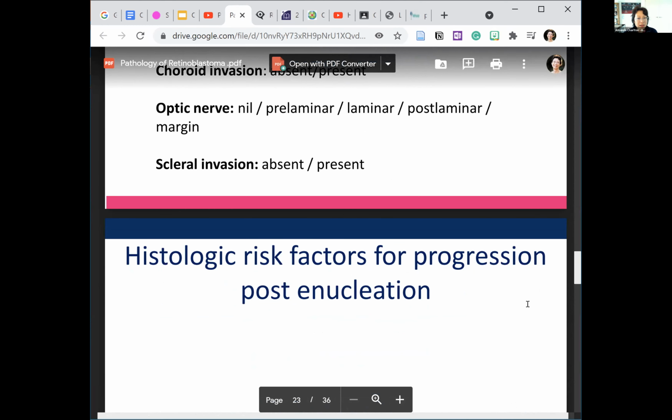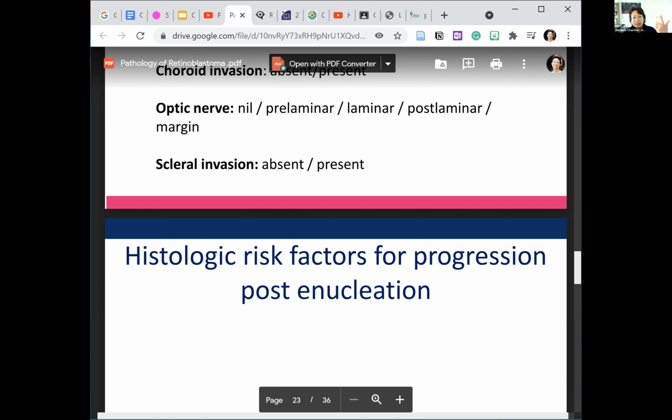Right. Histologic risk factors for progression post-enucleation. What do you think? Type. Give me one thing each. Differentiation, optic nerve head extension. Yes, so optic nerve, yes.